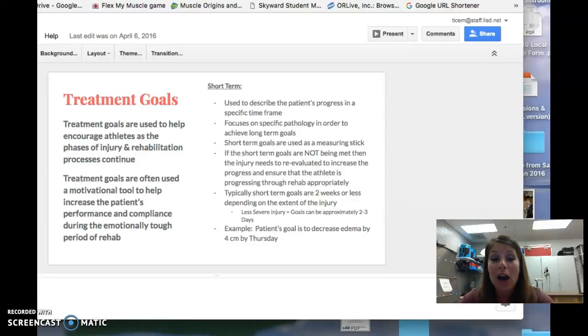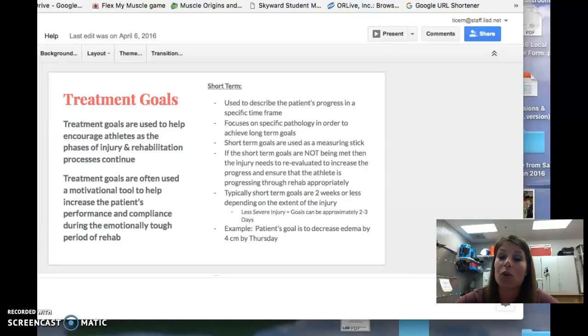And how long do we have in order to complete this goal? I'm sure you guys hate when your teachers give you a homework assignment and don't tell you when it's due, like you're supposed to just know when it's due. Same thing with these goals. They have to be very, very specific, and you have to come up with a time frame.